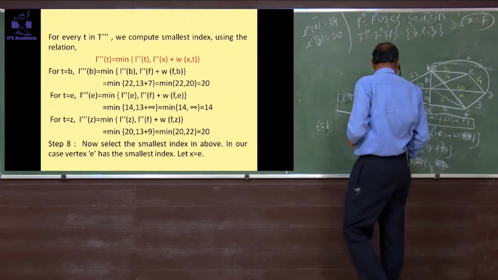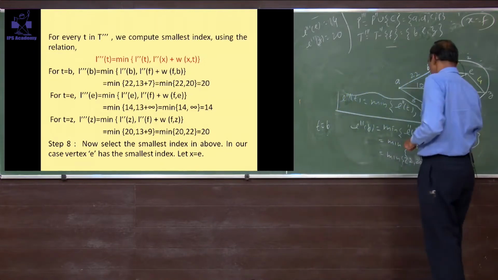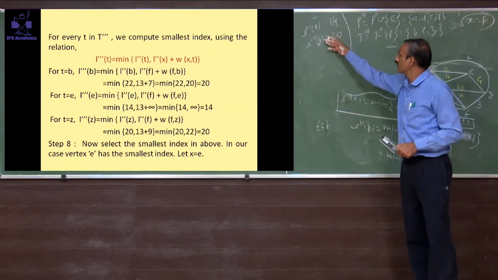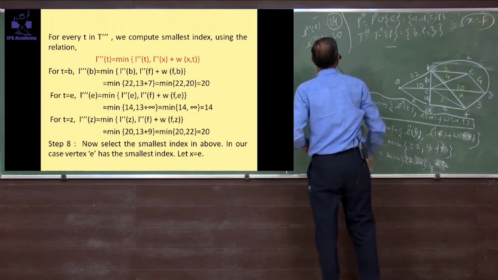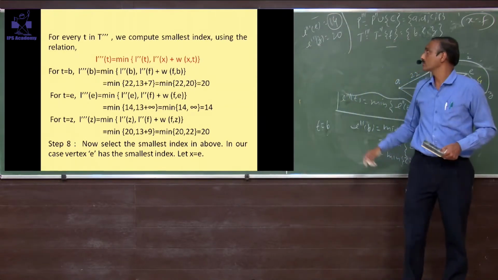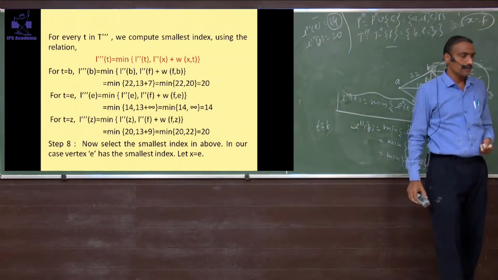Now we have to find the smallest index among B, E, and Z. The smallest index is 14, for the vertex E.